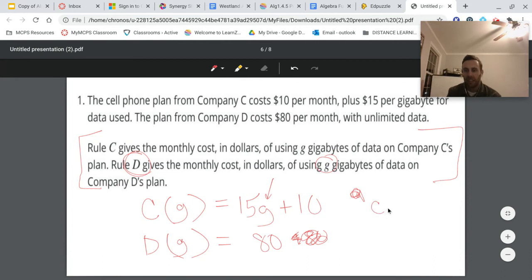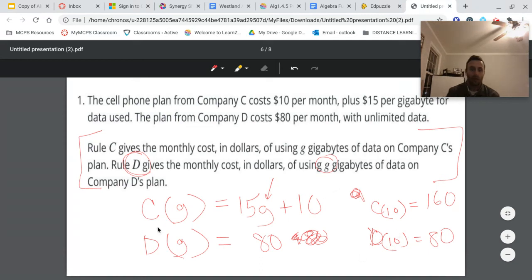So you would say C of 10, which means after 10 gigabytes, this one's going to cost $160. For D of 10, the function will always equal $80. So you know this one equals 80. So if you use 10 gigabytes, it's actually better for you to use the plan for company D.